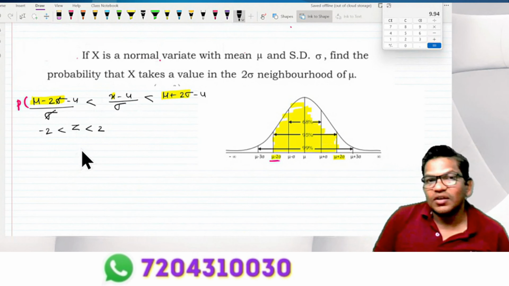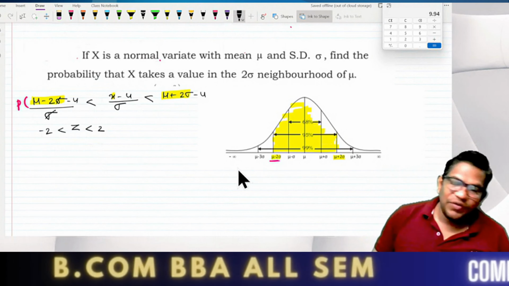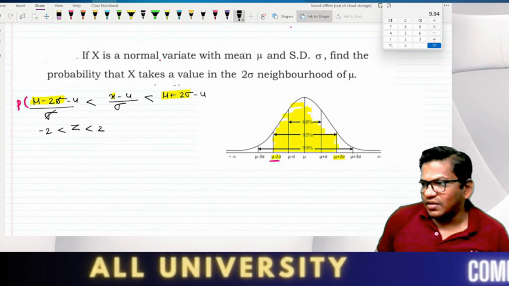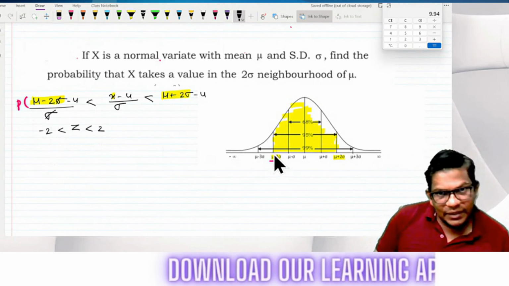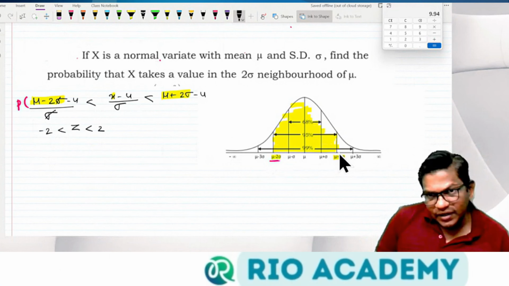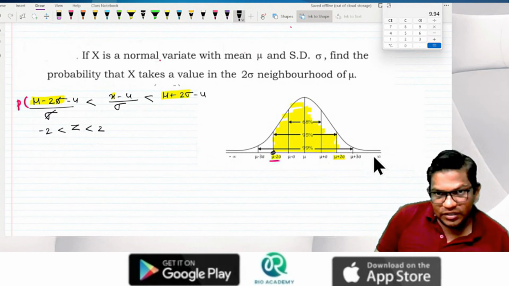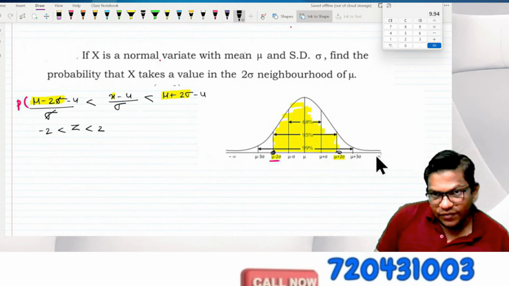Got it? Understood? Now we have to find out the area. Tell me how much it will come. From this point to positive infinity, from this point to here, and from this point to here, the difference you will get.